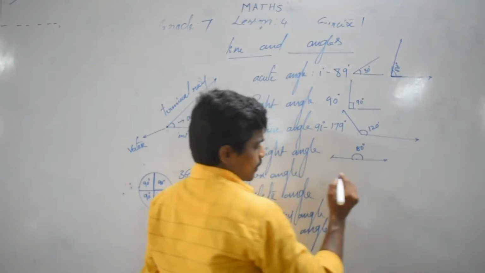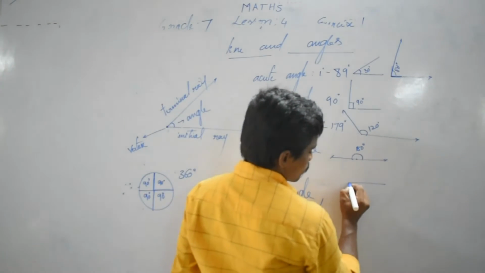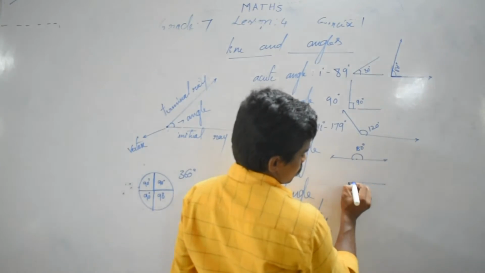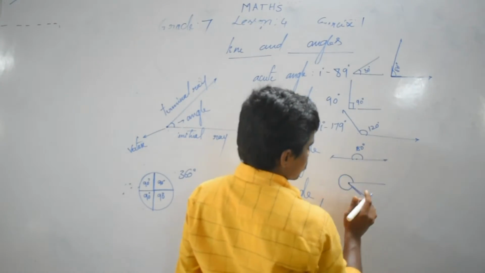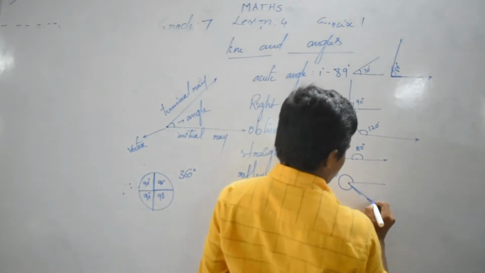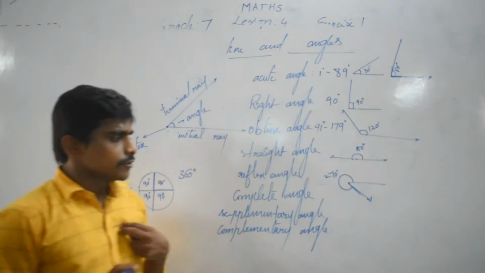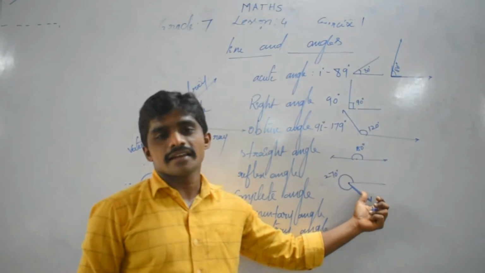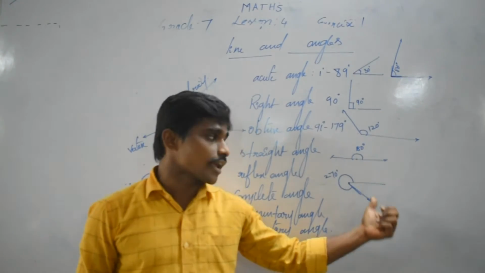A reflex angle. This is called a reflex angle. 270 degrees, roughly. So here see, in this picture the inner side angle is called an acute angle.